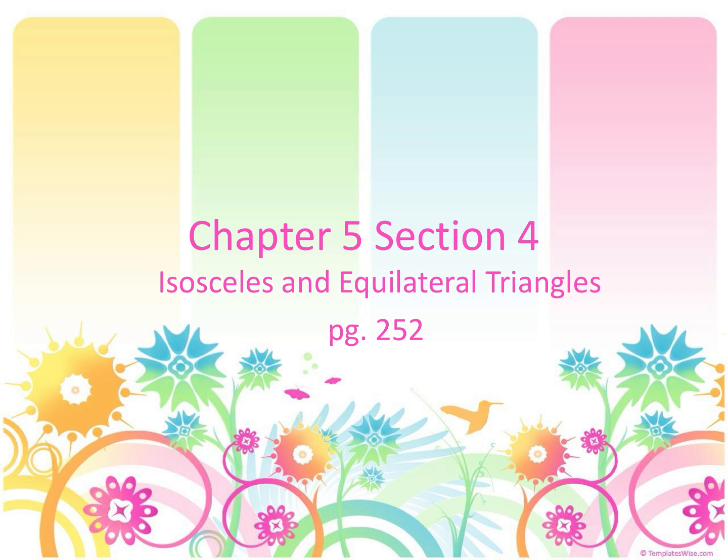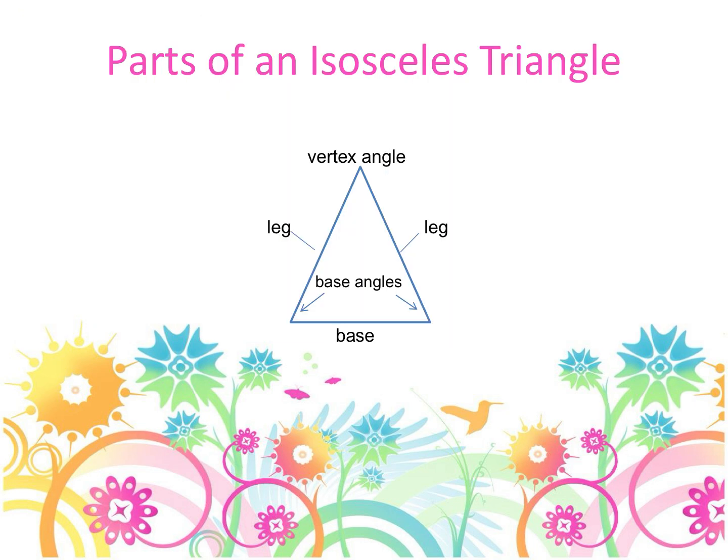Isosceles is when it has two sides that are congruent, and equilateral is when it has all sides that are congruent. So looking at this, parts of an isosceles triangle. Information you have to know on this is your two legs are the two congruent sides. Okay, so my legs are congruent.